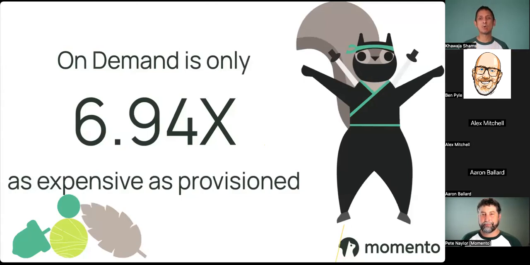If you're utilizing more than 15% of those IOPS, you're better off just using provisioned capacity. So if you provision 100, but on average you're consuming 15, you're going to be fine. But that's a lot of management, right? You have to make sure that your utilization is actually at 15%. That becomes really hard if you have a high peak to average ratio or if you have really spiky traffic.